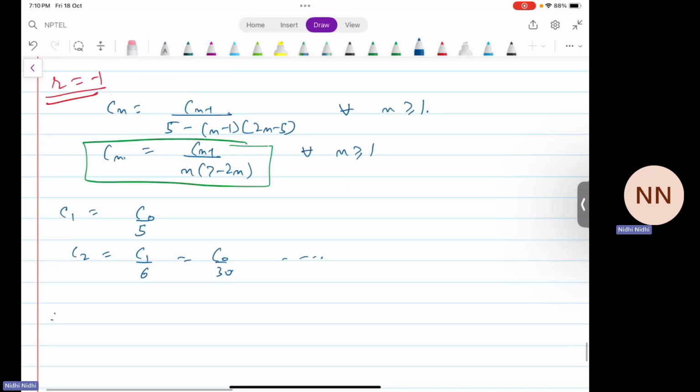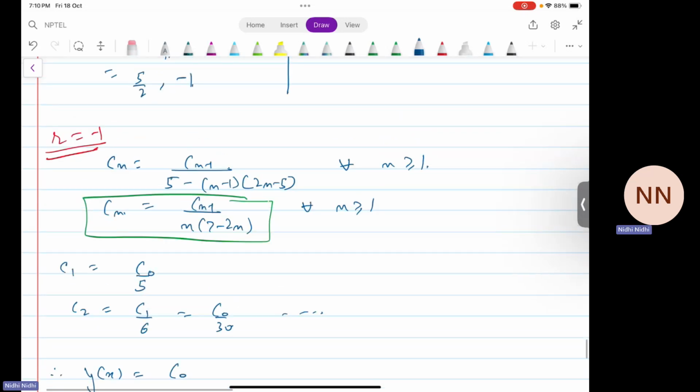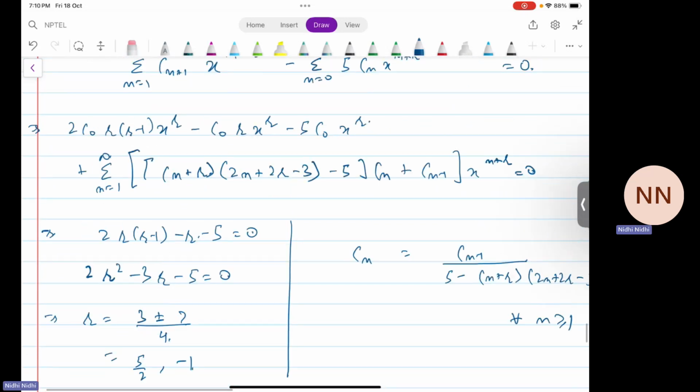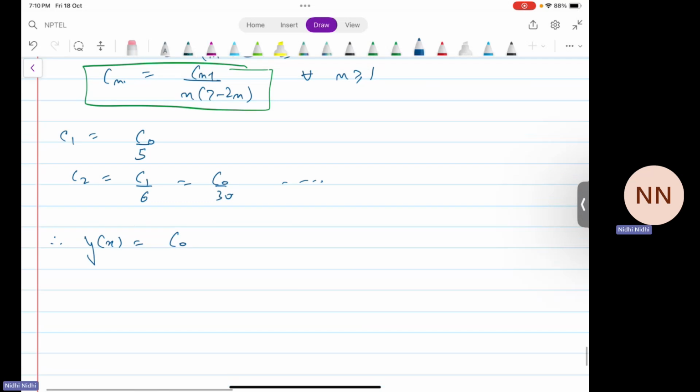Therefore we get y(x) equal to, taking C0 common and x to the power r outside, x to the power minus 1 times 1 plus x by 5 plus x square by 30 and so on.